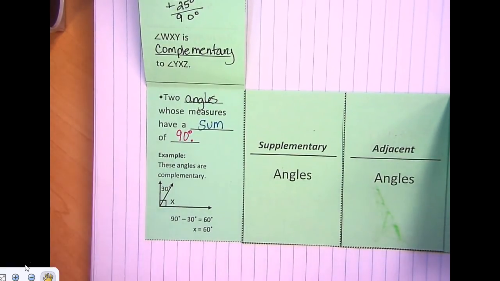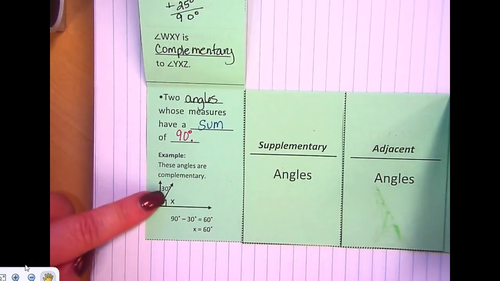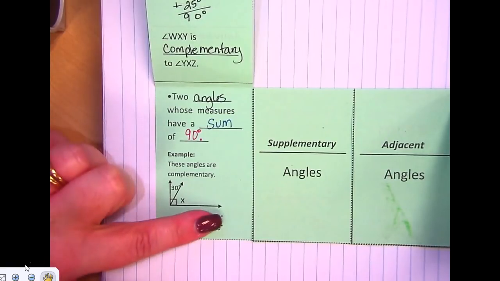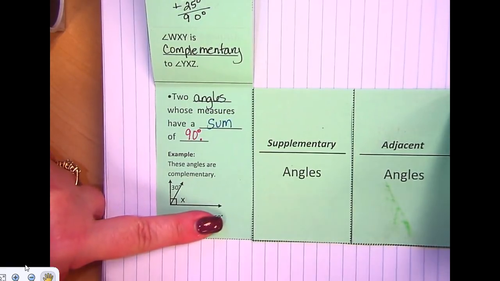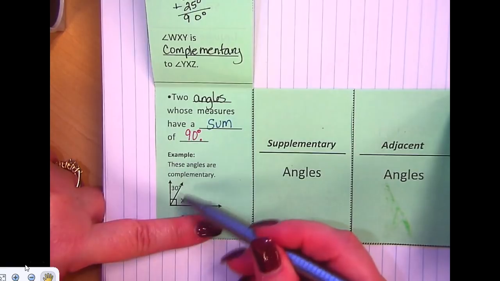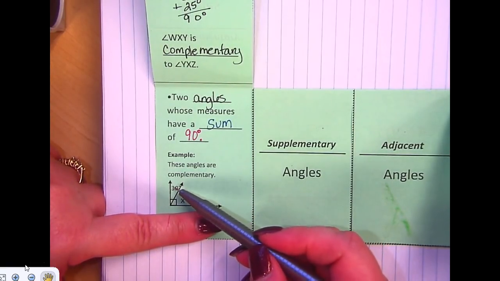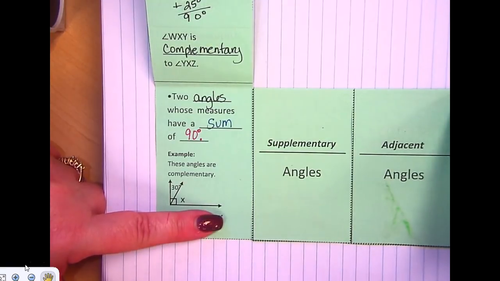So here's another example. These two angles are complementary. How can I tell they're complementary? Just from the picture. It's a 90-degree angle that is split. And so if I know that one of them is 30 degrees, and I know together they are complementary, that means they equal 90 degrees, how can I figure what x equals?